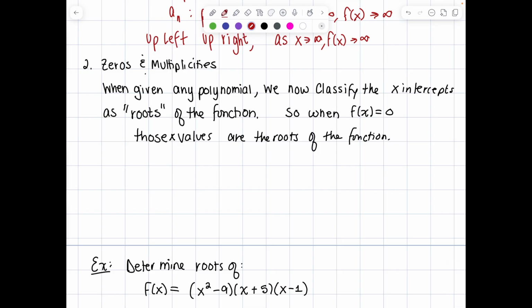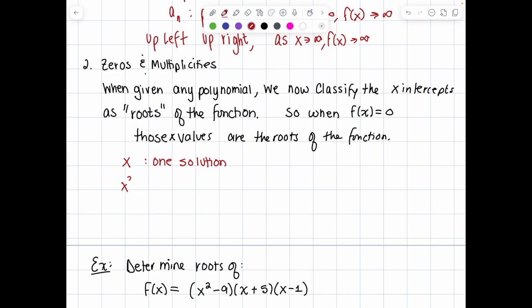Okay, so now we have zeros and multiplicities. So with any polynomial, there is a theorem that talks about x-intercepts. If you remember from algebra courses, if you have an equation that has a singular x in it, you're expecting one solution.